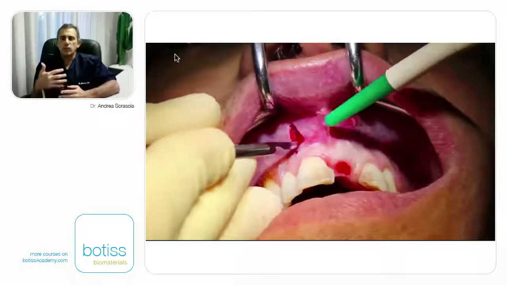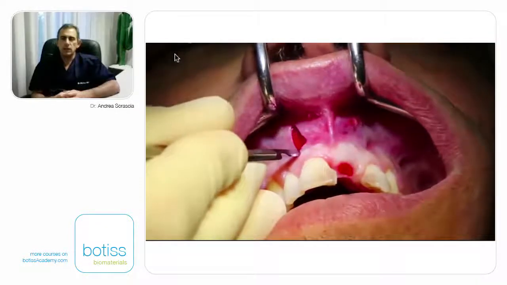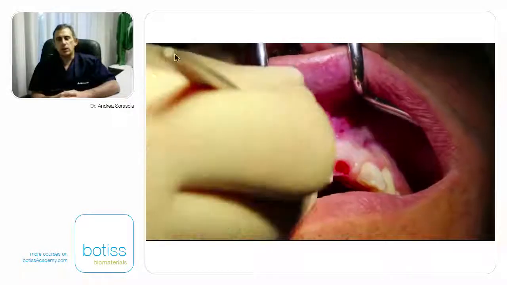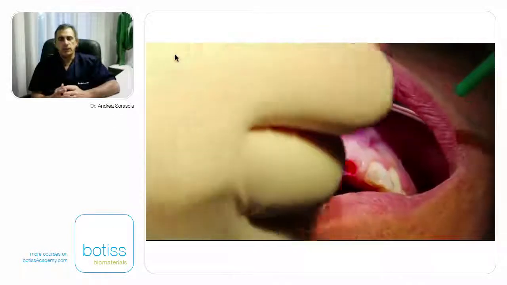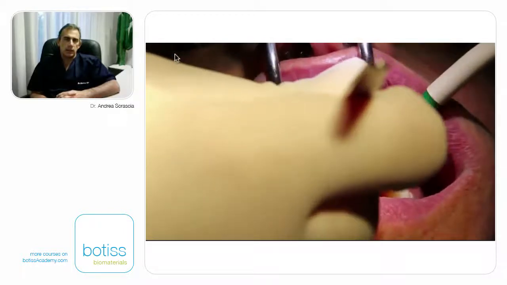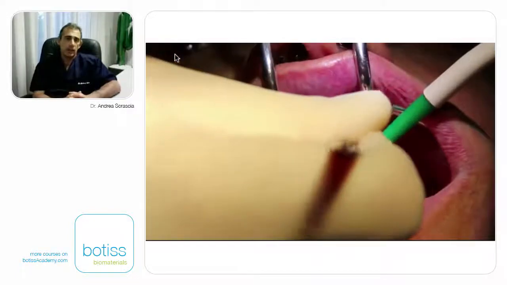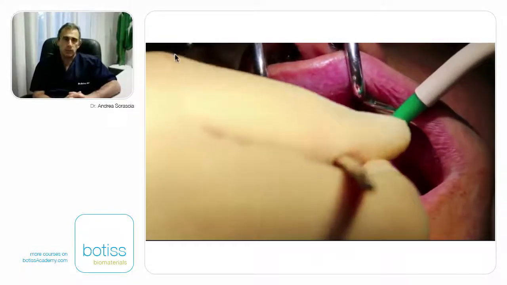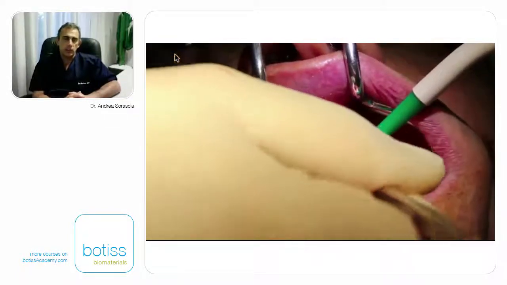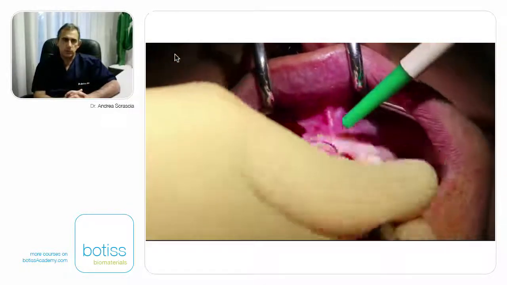We can also see the amount and thickness of the soft tissue obtained with the regeneration with this membrane. So I think that in this clinical case and other clinical cases that I did and I'm doing using this membrane, it could be a good solution to use it.